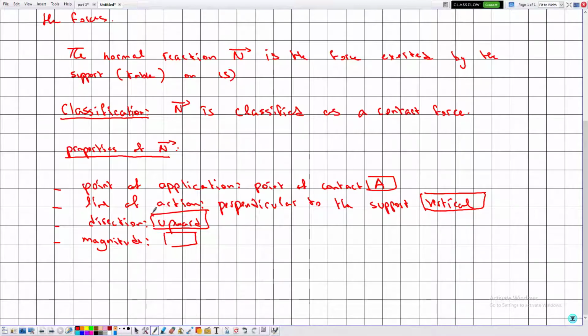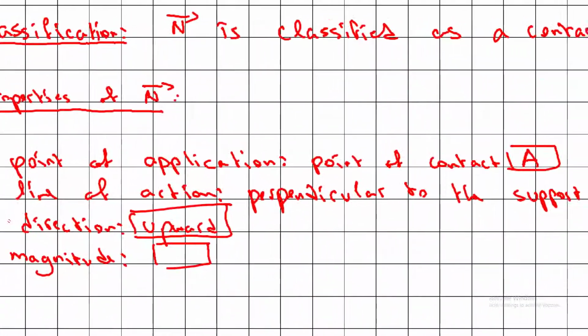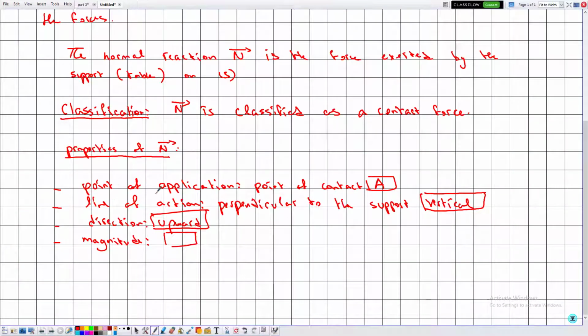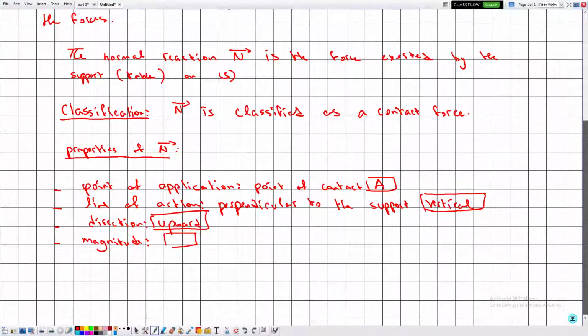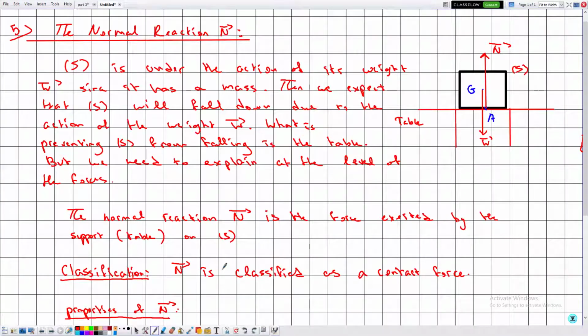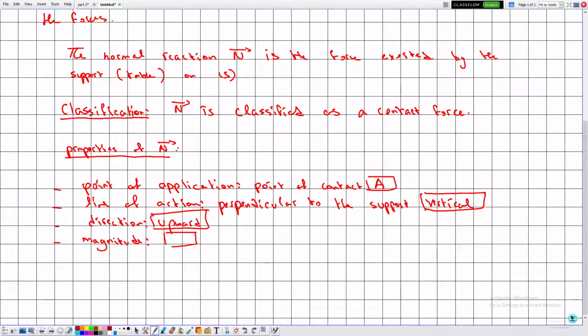Everything else that I didn't place in a box will be fixed as a main property of the normal reaction. And as you can notice, the arguments based on which we have deduced or introduced this force are very similar to the case of the tension.